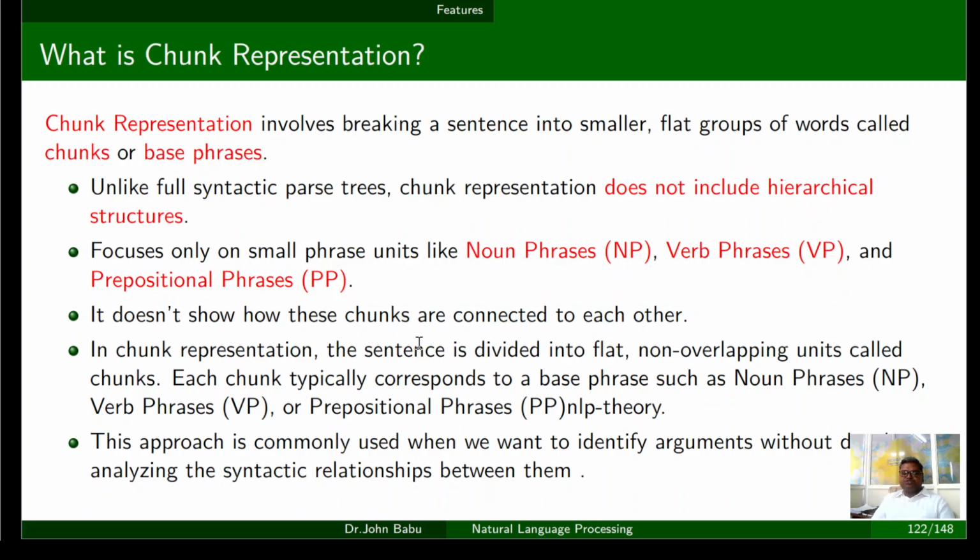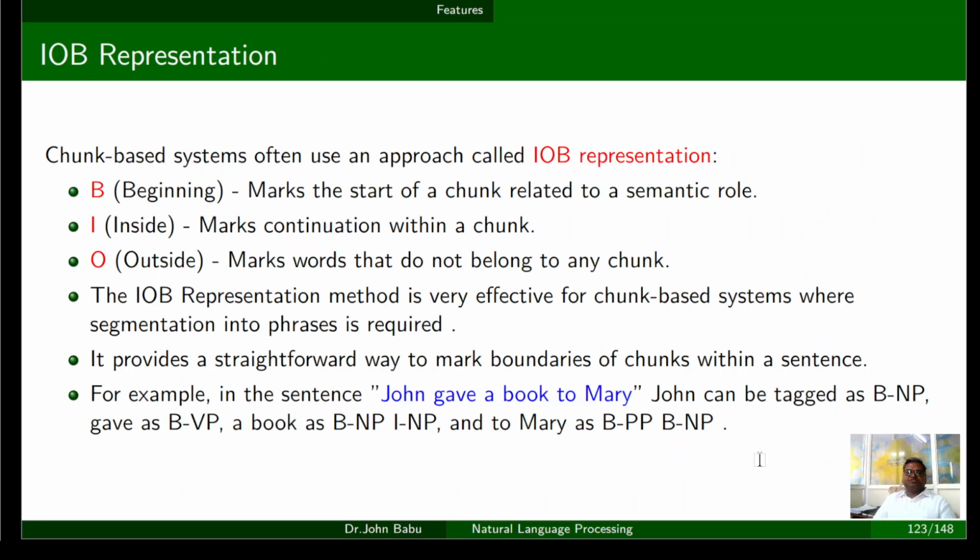In chunk representation, the sentence is divided into non-overlapping units called chunks, and every chunk typically corresponds to a base phrase such as noun phrase, verb phrase, prepositional phrase, something like that. This approach is commonly used when we want to identify the arguments without deeply analyzing the syntactic relations among them.